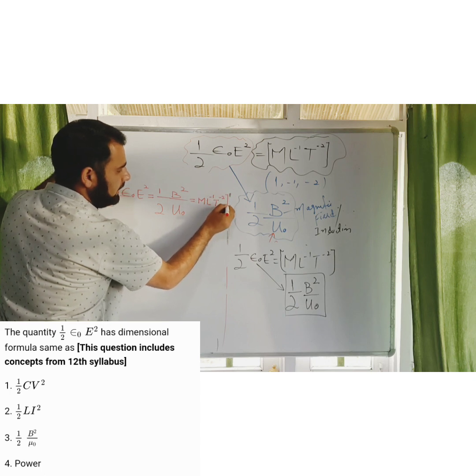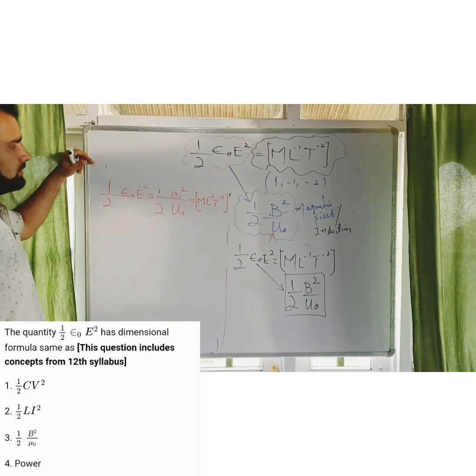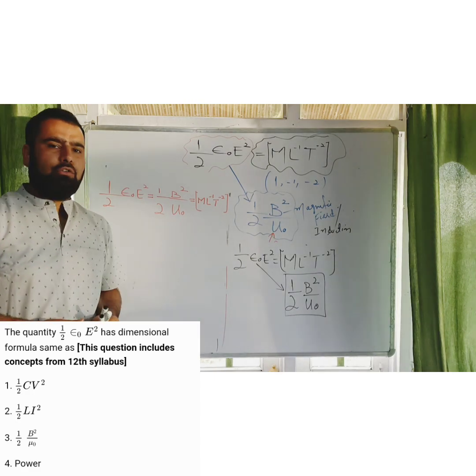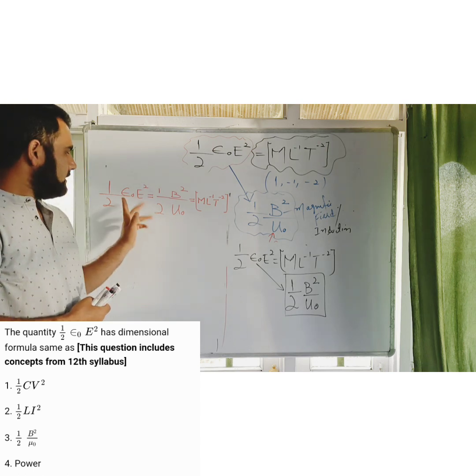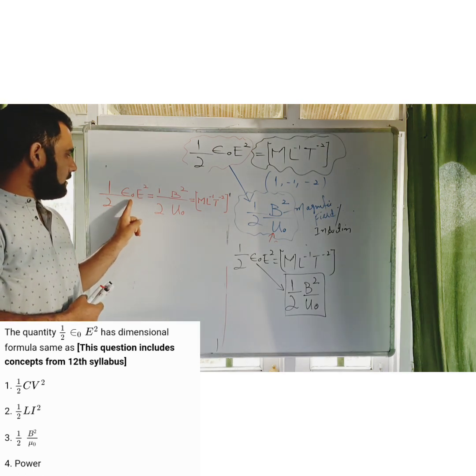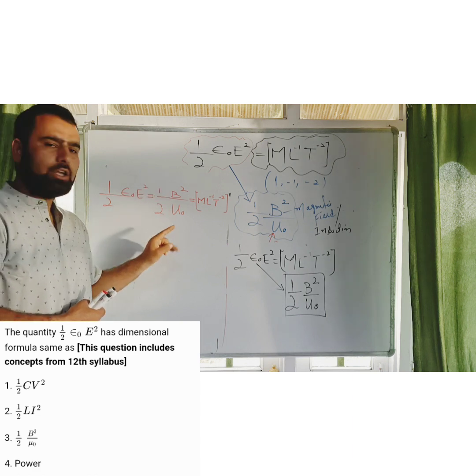So dimensionally they are equivalent. This is what we conclude from this discussion: the energy density 1 by 2 epsilon naught E square has the same dimensions as 1 by 2 B square by mu naught.